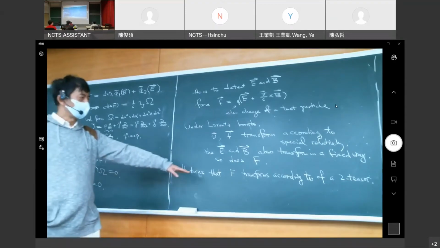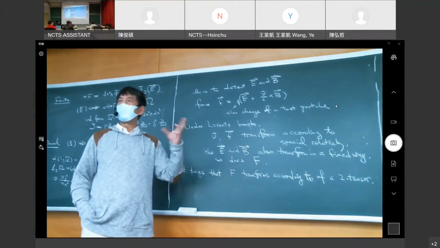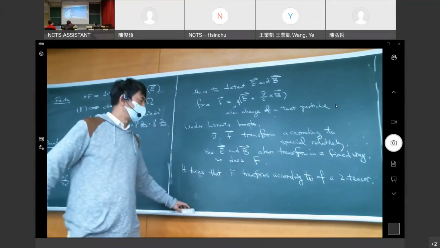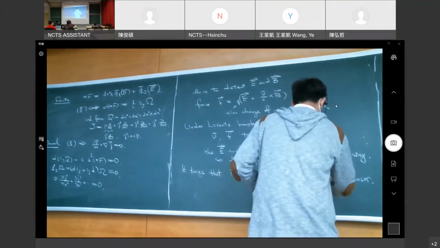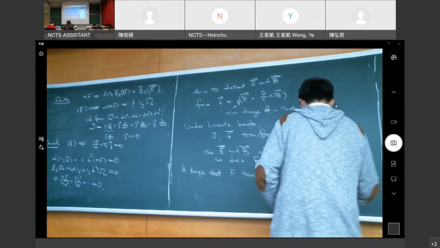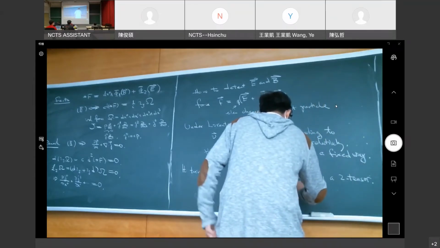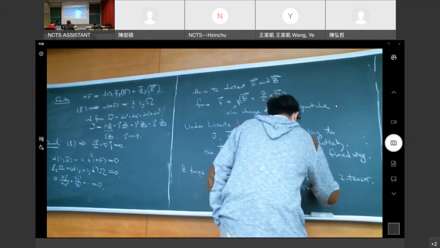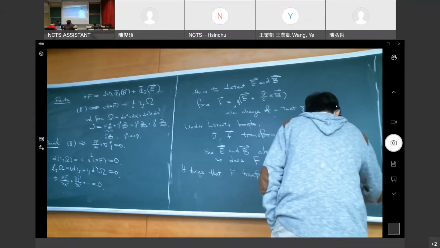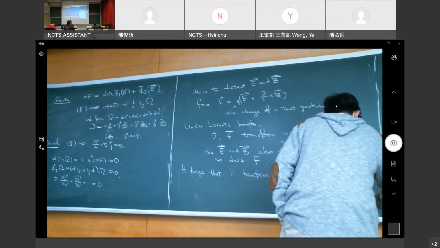So F does transform according to how a two-tensor transforms under a coordinate change.